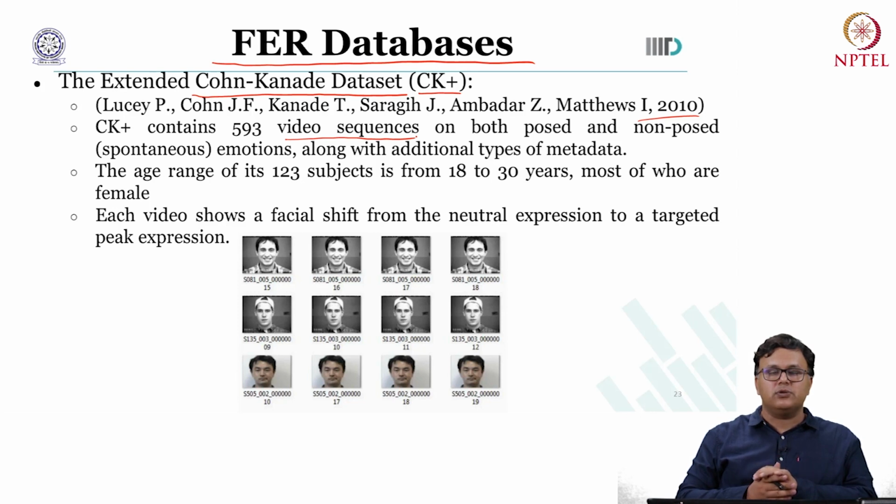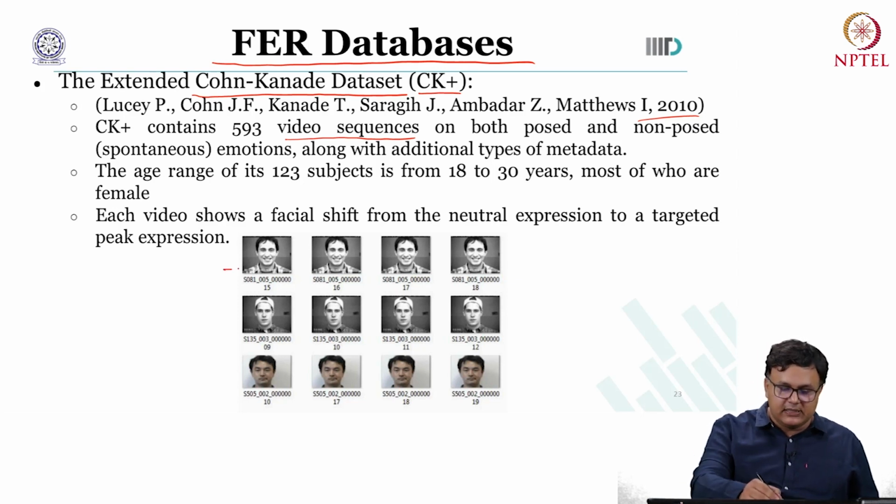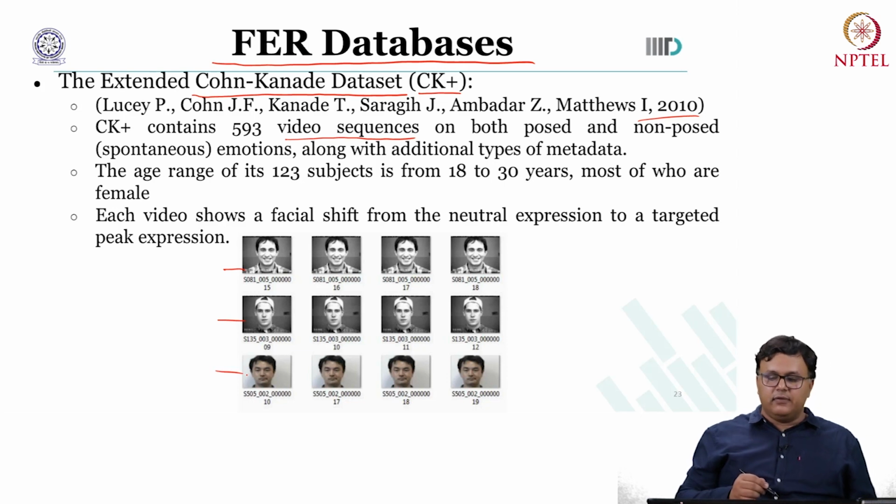Then the person was asked to show a sad expression. If you notice, my head did not move, but the expression changed, right? Researchers wanted to have pure expression movement in these samples, and that is how you get these data points, where you have the video in which the expression is changing.